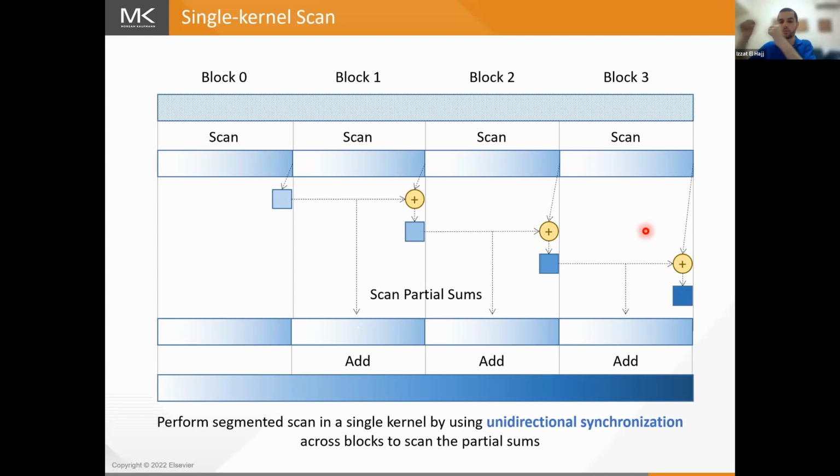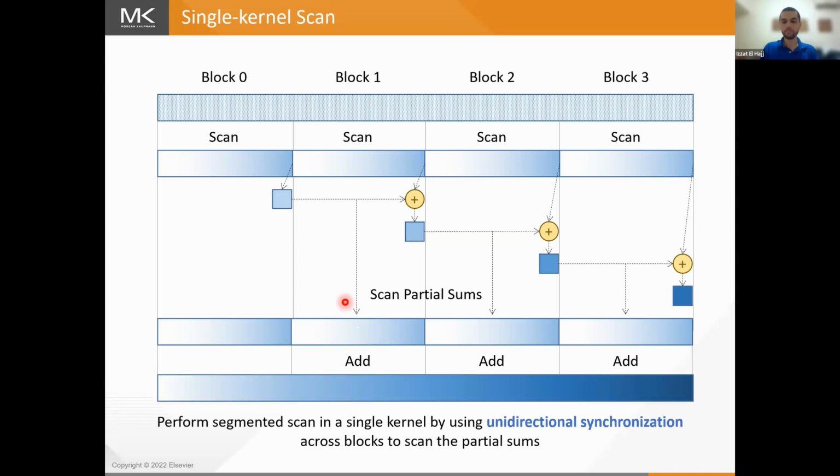But the additions are all still happening in parallel, and the scans in the beginning are all happening in parallel. So this single-pass scan has the advantage that we can keep the data in the SM, and we also don't have to keep the CPU busy launching multiple kernels, so it can go and do other things. Okay.